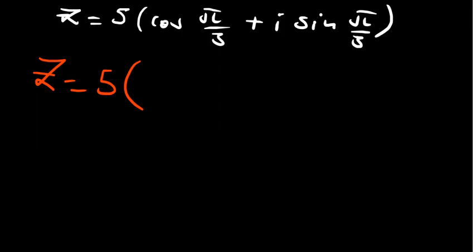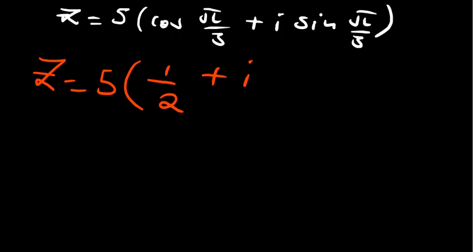So get your calculator, take your angles to radians. When you look at cos of pi over 3, that is going to be just 1 over 2. Then you have your I there, sine what?